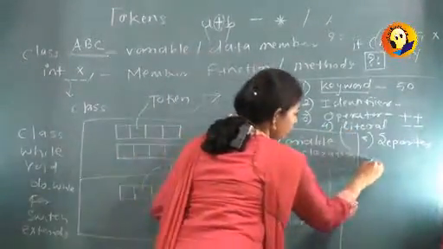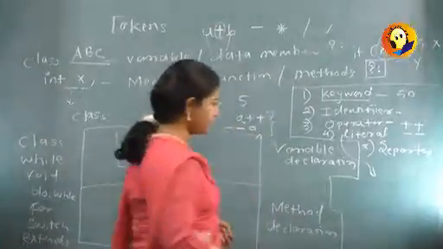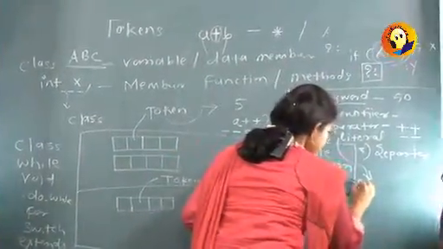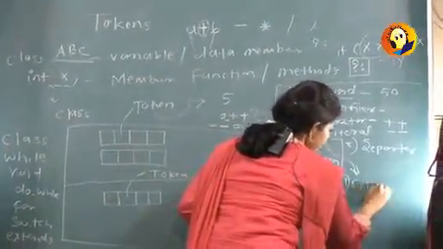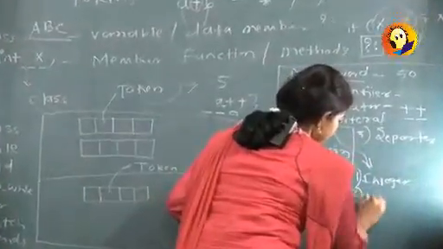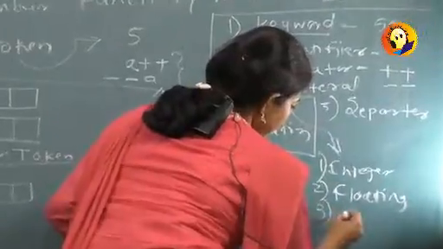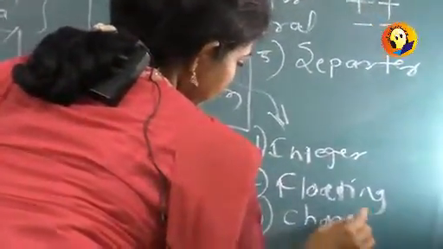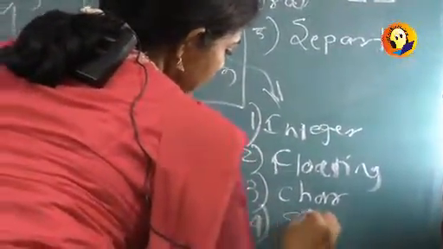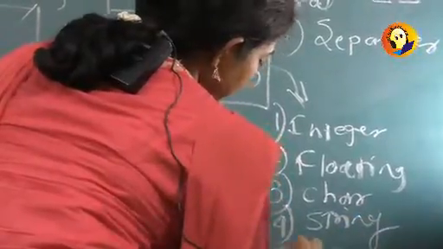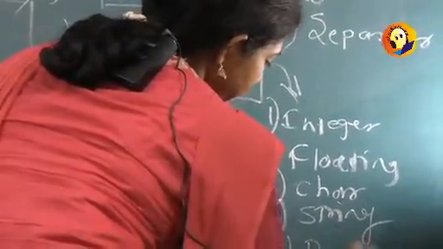Literals can be of five different types: first, integer literal; second, floating point literal; third, character literal; fourth, string literal; and fifth, Boolean literal.